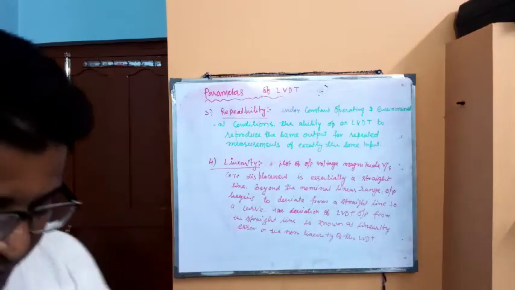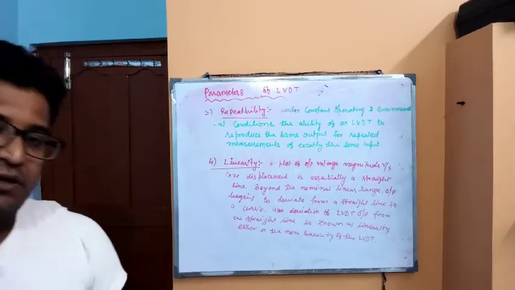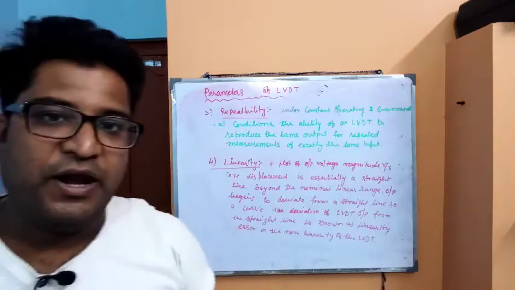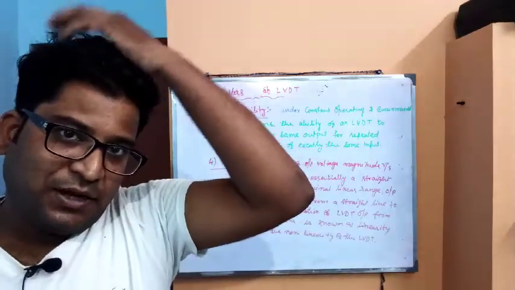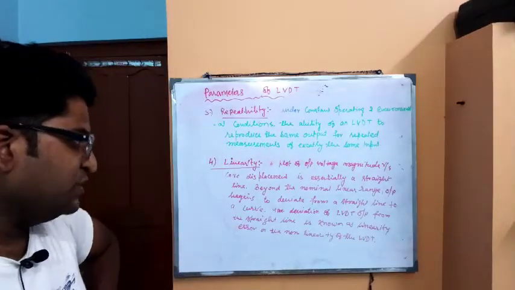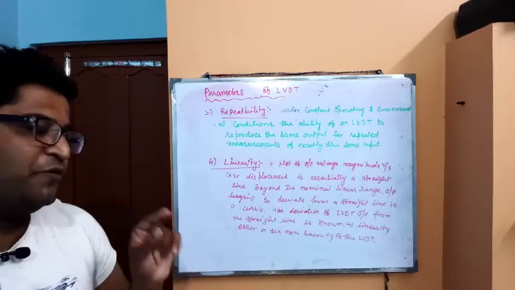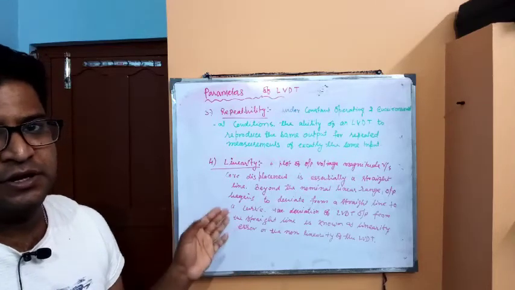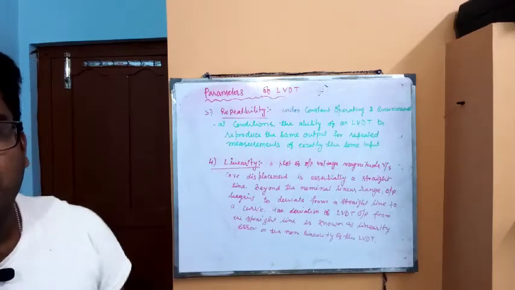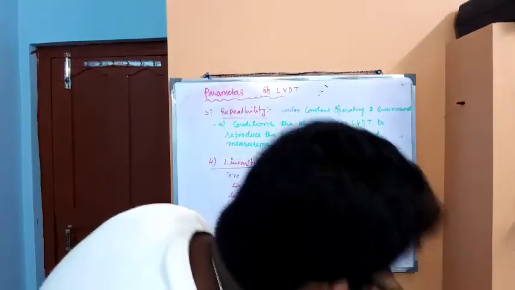So this is the definition of linearity of LVDT. That means the relation between the output voltage and the displacement of the LVDT will be a straight line up to a certain limit. After a certain limit, the linearity deviates from the straight line to a curve. Before this deviation, it has linear characteristics, and as soon as it starts deviating to a curve, this is known as the linearity error of the LVDT, or the non-linearity of LVDT.